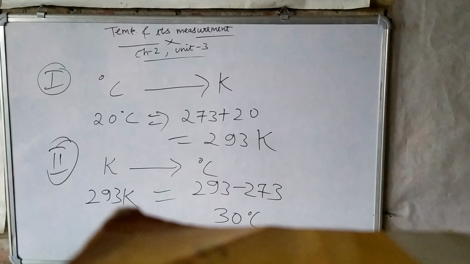Understand? Like this we can convert from degree Celsius to Kelvin and from Kelvin to degree Celsius. And do not forget that the SI unit of temperature is Kelvin. Very important point.